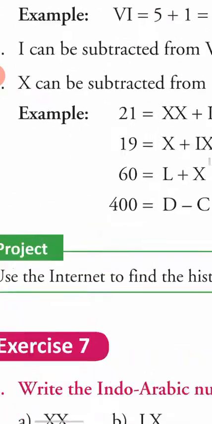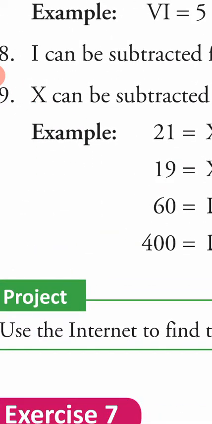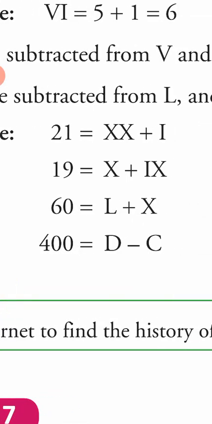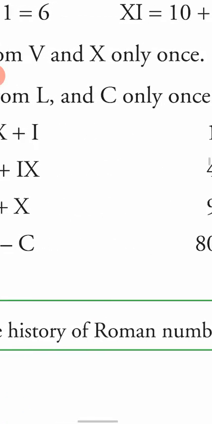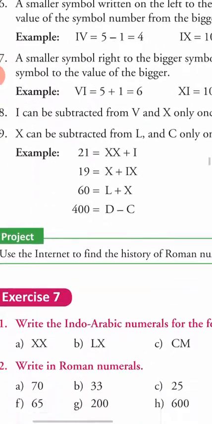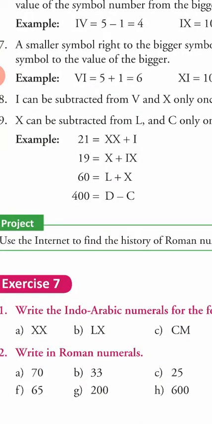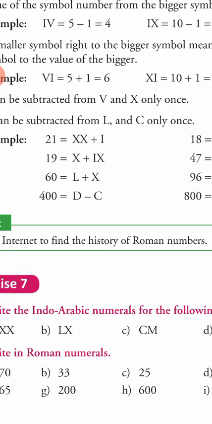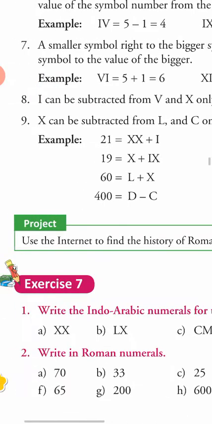Then we have the 8th rule, and that is I can be subtracted from V and X only once. Means 1 can be subtracted from 5 and 10 only once. We cannot subtract it again and again. 1 will be subtracted from 5 or 10 but only one time.